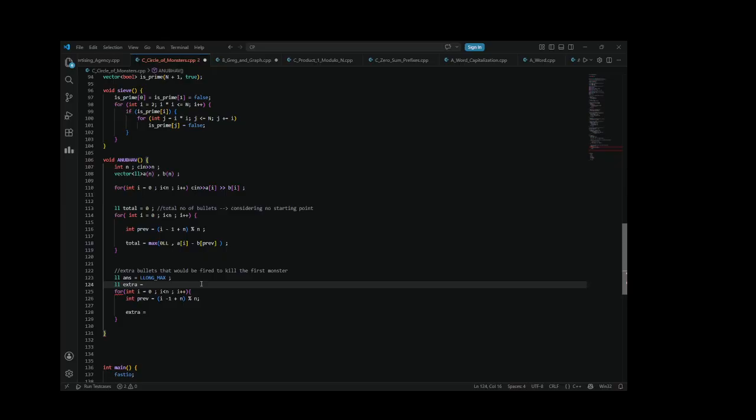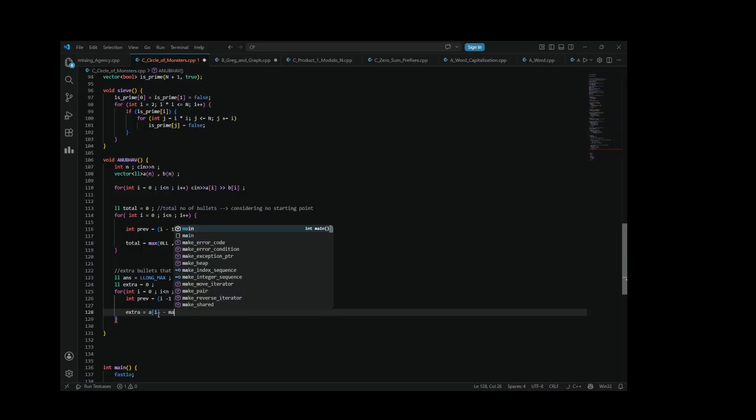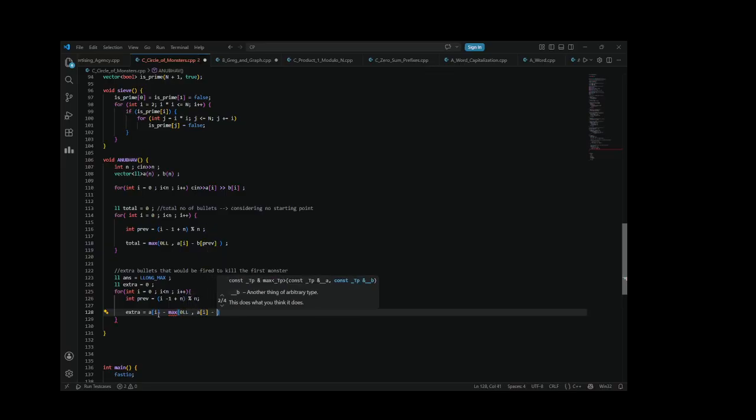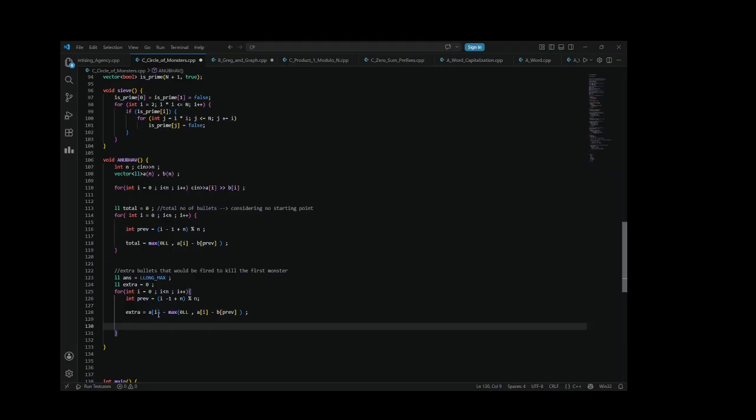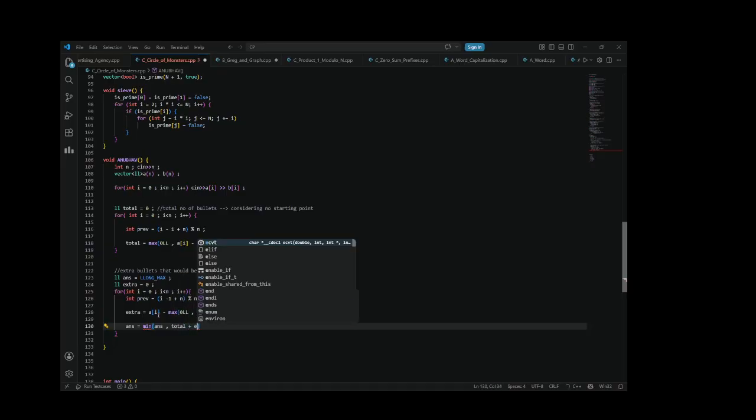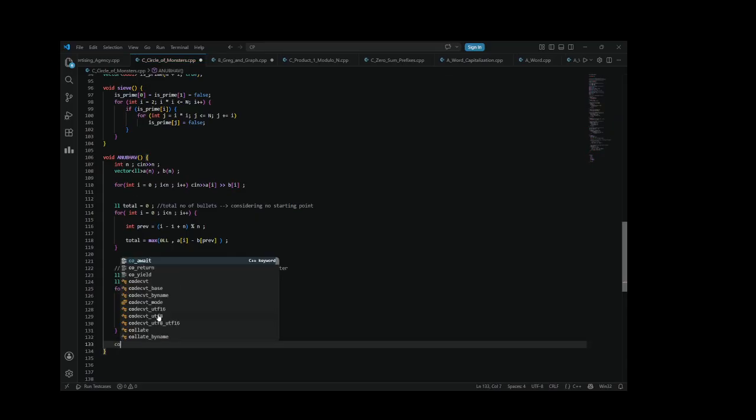Extra bullets would be a i minus max(0LL, a i minus b previous). Then for the answer, we'll calculate answer plus total plus the extra that we are adding. Then at the end, we'll print the answer value.